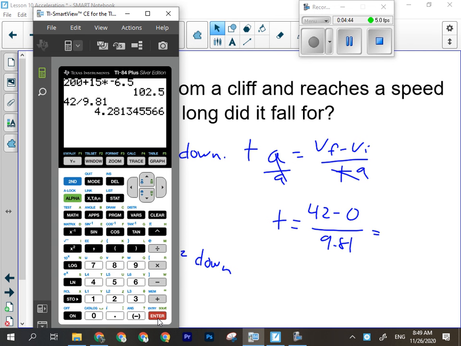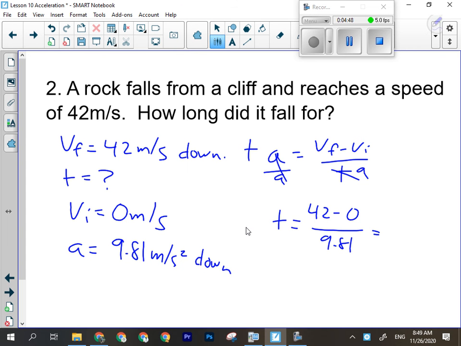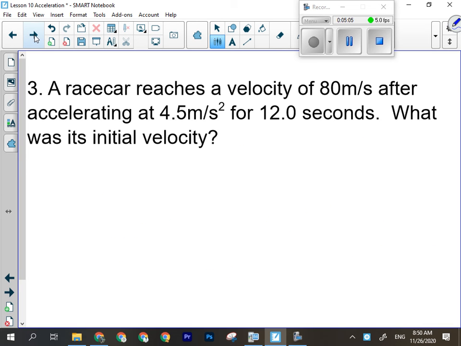So we got 4.3 seconds. Okay, are we all right with that? Questions there? Does anyone need that one up there a little bit longer? All right, try that one.